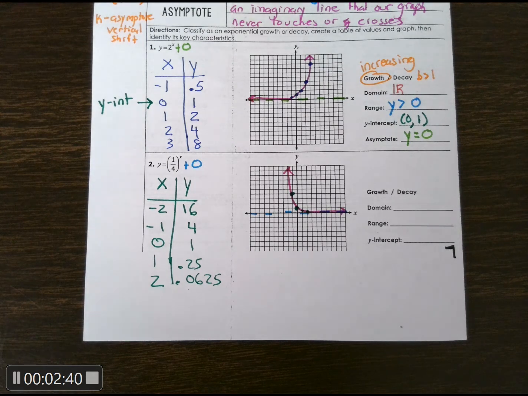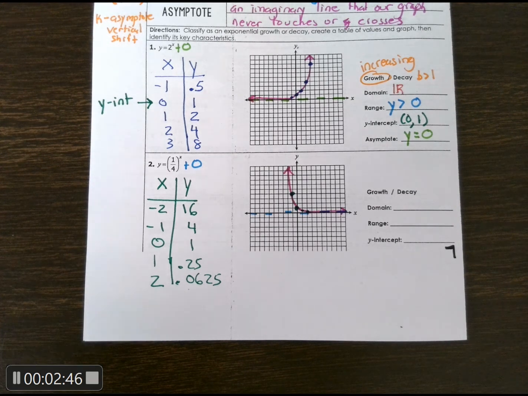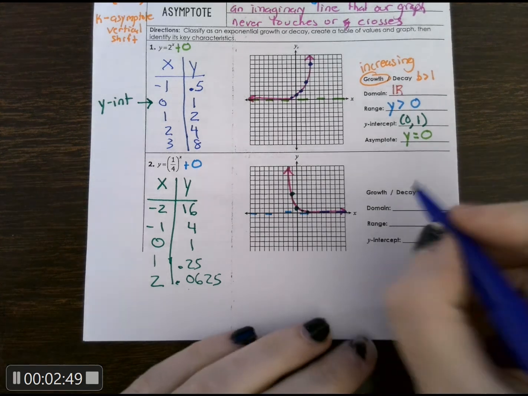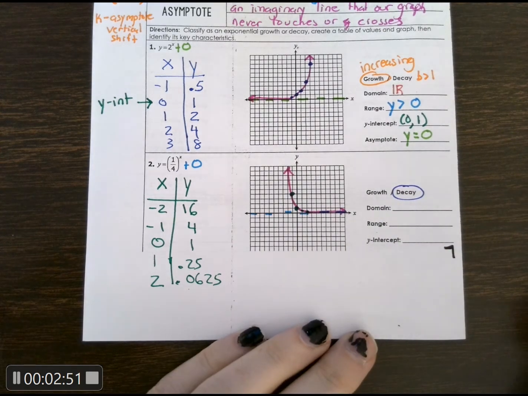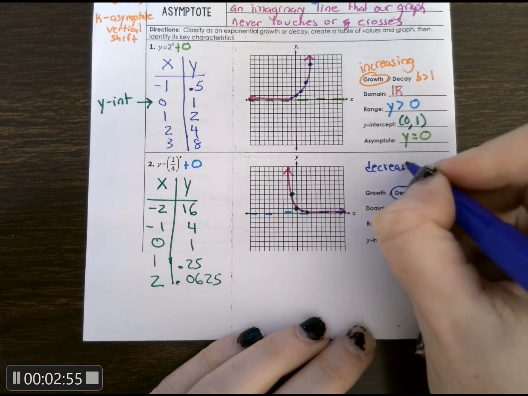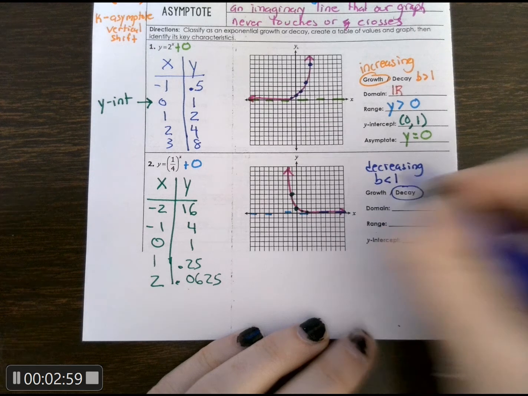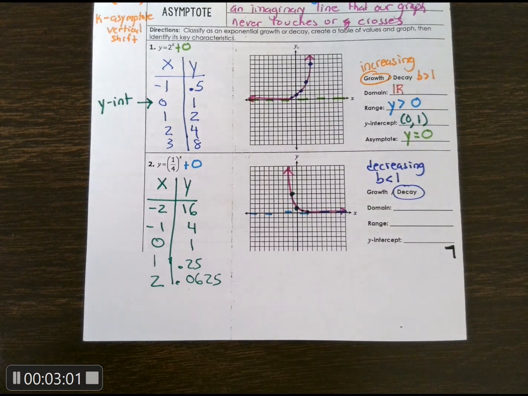Alrighty, so now that we've made our table of values and we've drawn our asymptote and our dots, is this function growth or decay? This time it is decay because we are decreasing. And our b value is now less than 1. Because what's my b value?